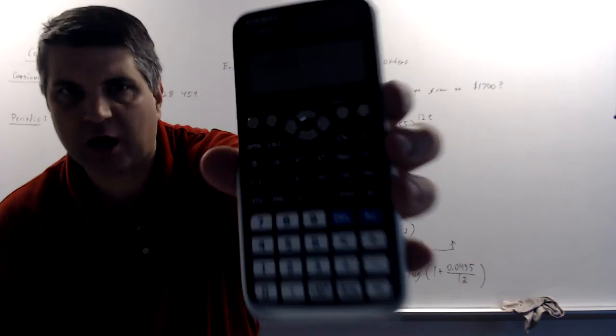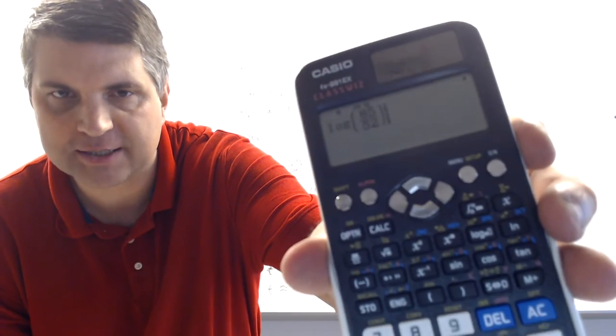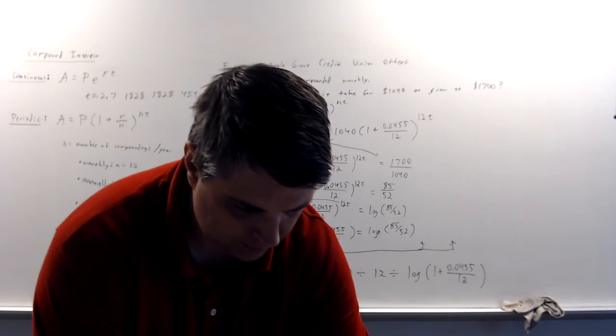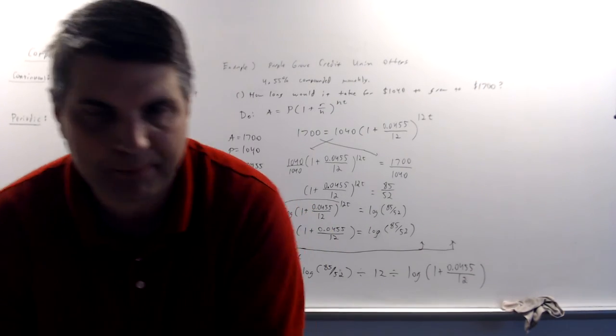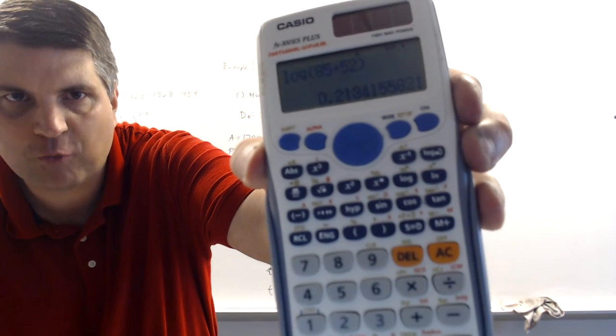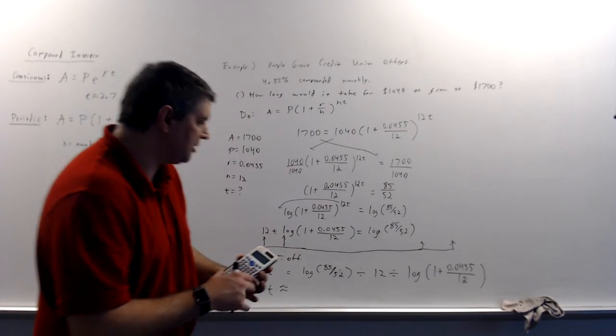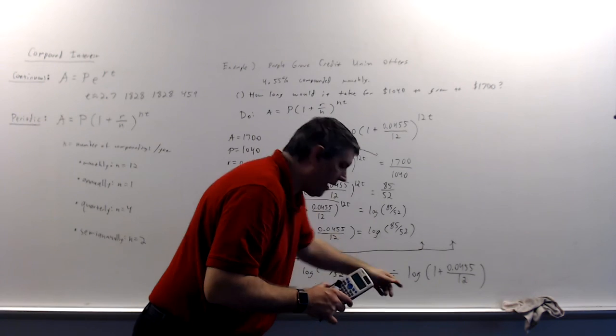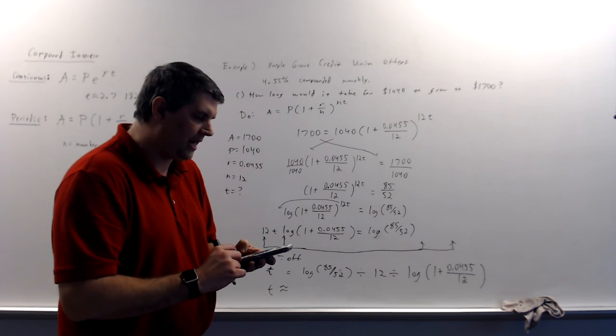But make sure it's balanced with a pair of parentheses. Hit enter or equal for just that part, and I got 0.2134 something. With that number still in your calculator, divide by 12. Hit enter or equal.